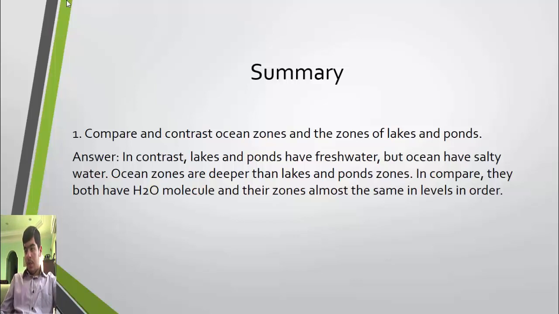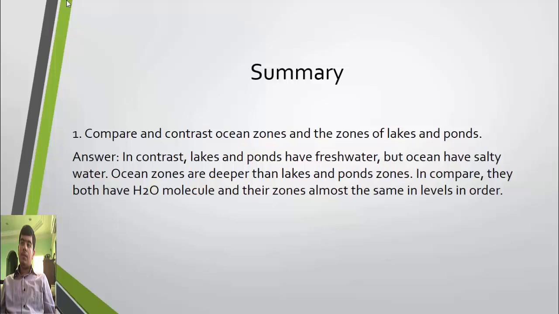In comparison, they both have water molecules, which is H2O, and their zones are almost the same in levels. This means the same in levels, meaning the sizes of each, from smallest to biggest, and the darkest.